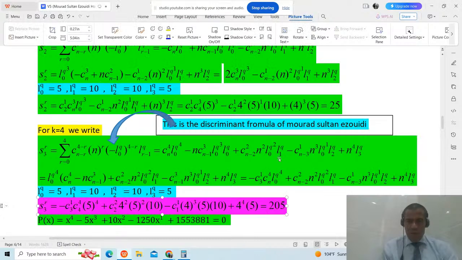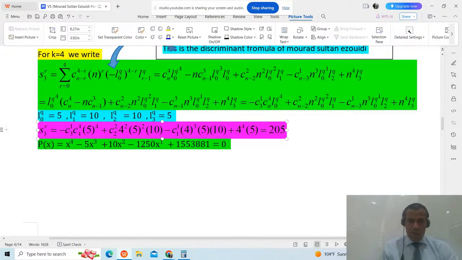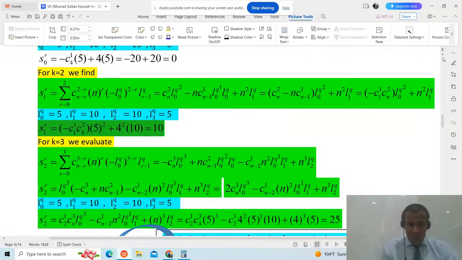Now learners, S3. Did we calculate S2? Where is S2? Okay, S2.